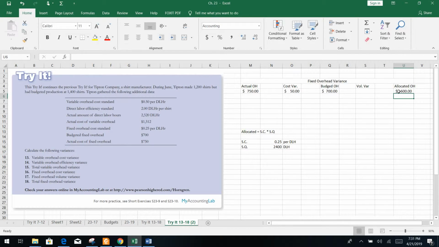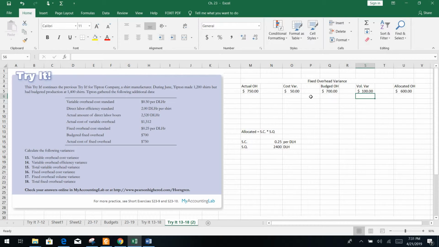And now that we have the allocated, we can calculate the volume variance, and that simply equals the difference between this and this. Okay. So now we have to decide, are they favorable or unfavorable?